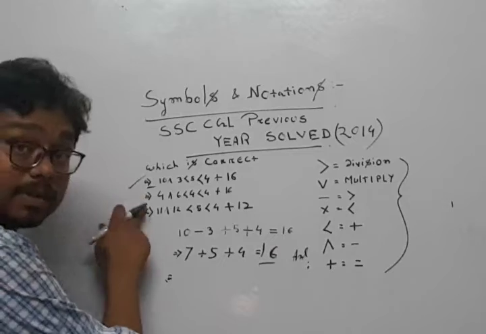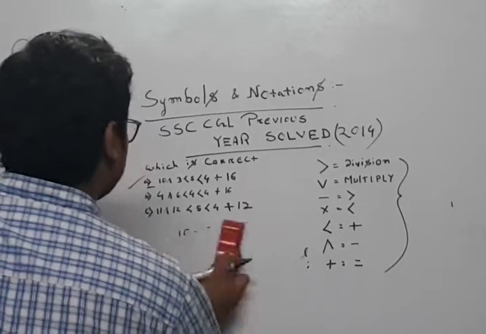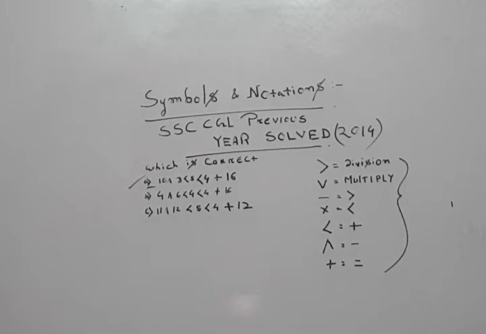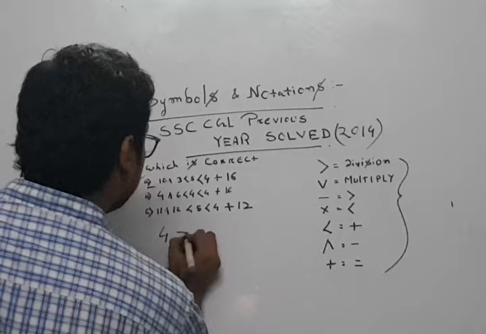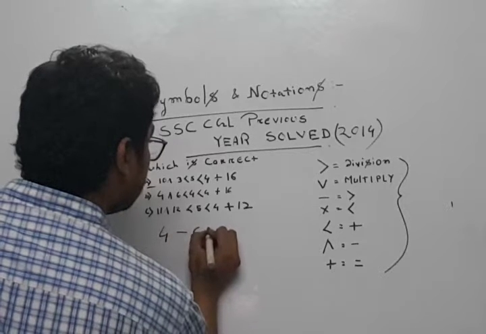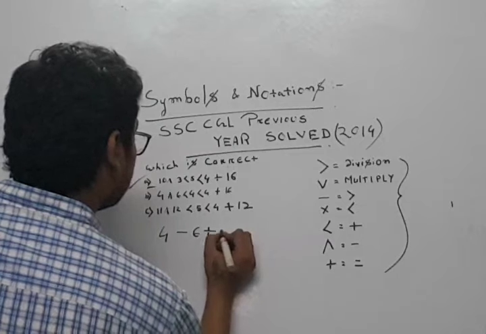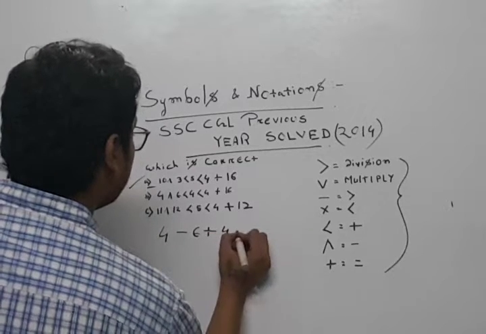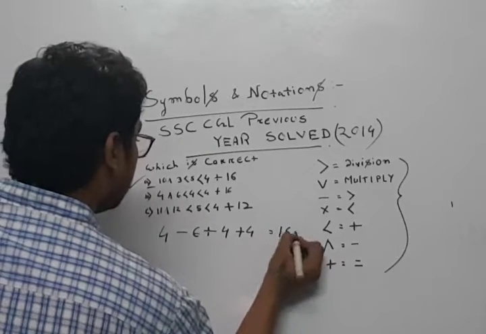If we go for option B, it will look like this: 4 minus 6 plus 4 plus 4 is equal to 16. Is it so?